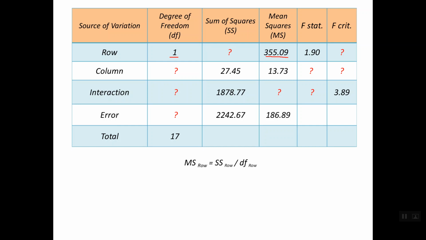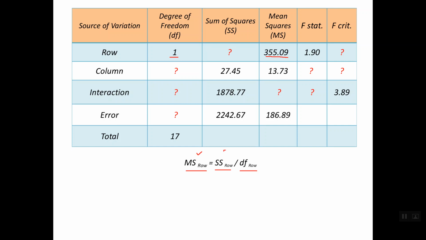So using the formula to calculate the mean square for any factor is simply dividing the value of the SS for that factor by the degree of freedom for that factor. So the MS for the first factor is now known.